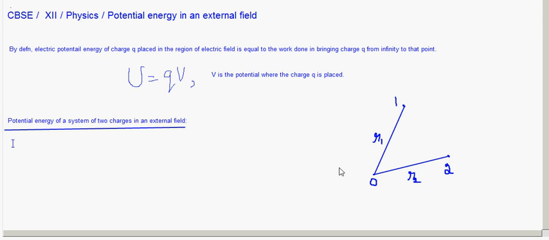Let us consider 2 points 1 and 2 at a distance r1 and r2 from the origin O in an external field E. Let us say we want to find the potential energy of the system if we place two charges q1 and q2 at these 2 points.